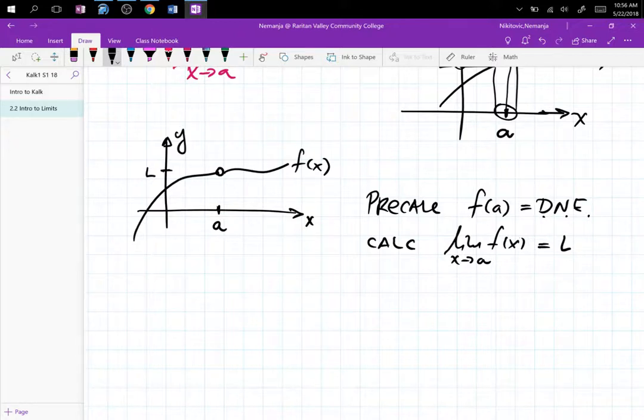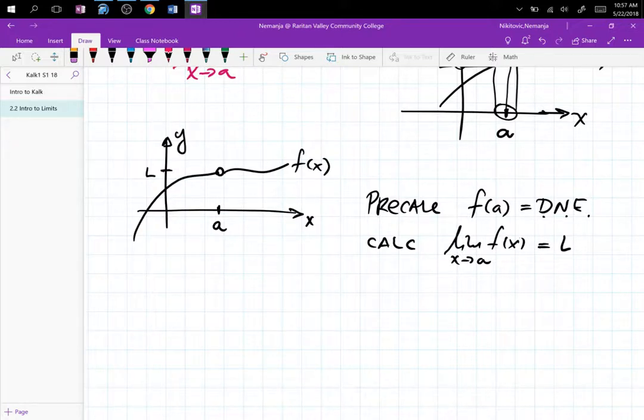We computed infinitely many points to the left, infinitely many points to the right, and they were all screaming this number. We never computed at A, that wasn't there. So that's the power of the limit. Now, clearly, there will be some situations when limit wouldn't be able to do calculation, and the pre-calculus will. As I said, they complement each other. They're not competing. Well, the limit is a little bit stronger, but anyway.